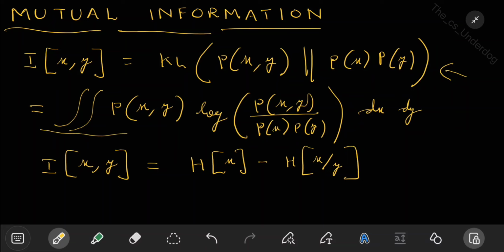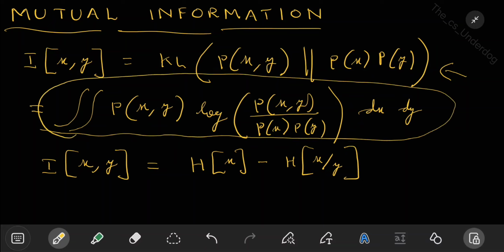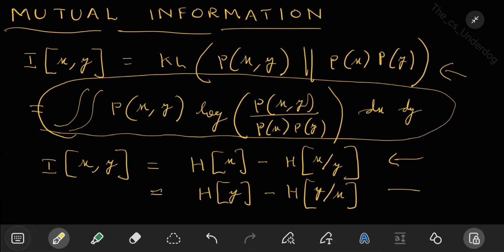Either you can calculate using this formula, or it is the same as entropy of y minus entropy of y given x. So entropy of x minus entropy of x given y and entropy of y minus entropy of y given x are one and the same. So this is another way of calculating mutual information. Mutual information will tell you how close two random variables x and y are to being independent.